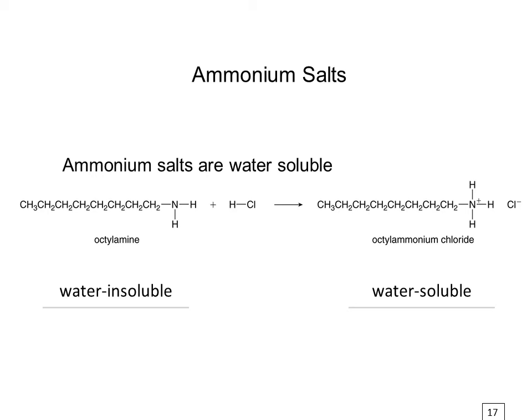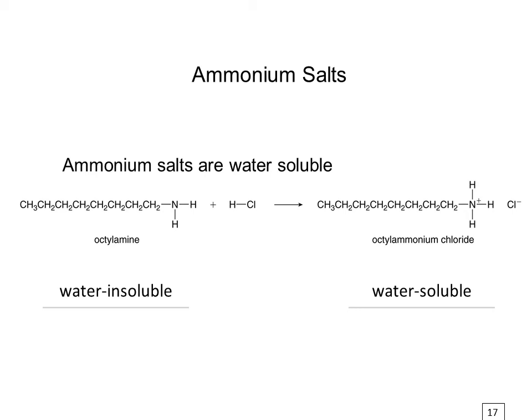So the hydrophobic nature of it overwhelms the hydrophilic nature. But if I react that with an acid, I protonate the nitrogen, and I would name this octylamine. To name the salt, I take off the amine and I put on ammonium, so that's octylammonium, and then I name the anion, chloride.